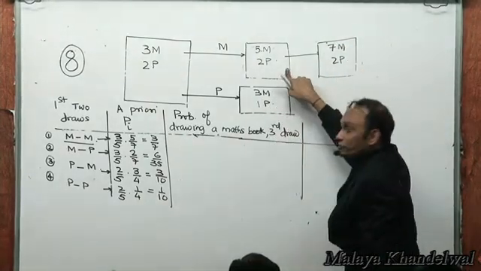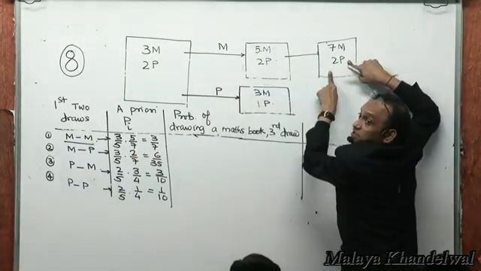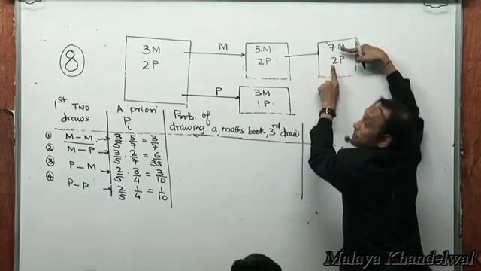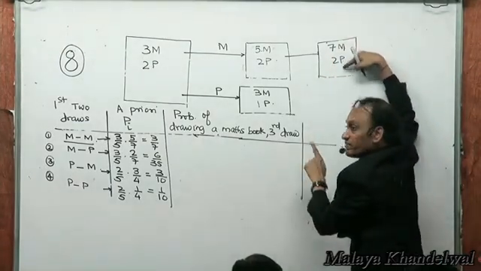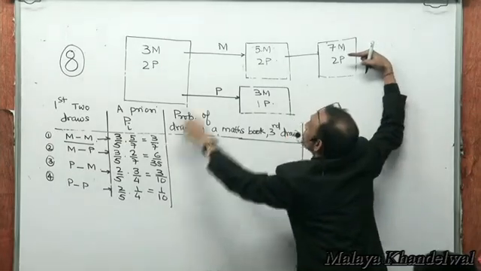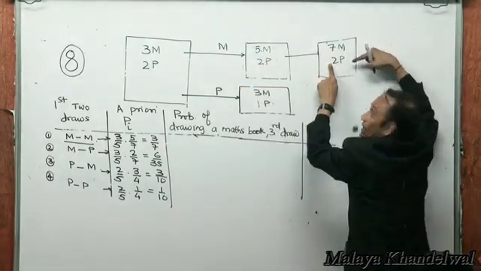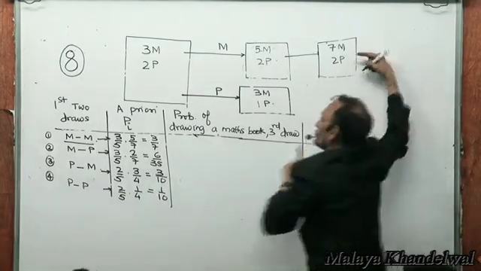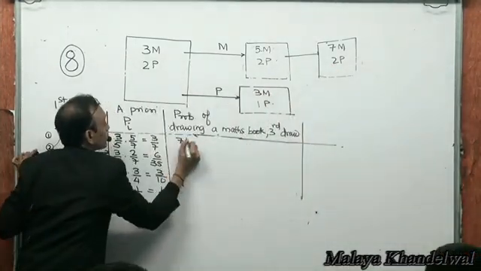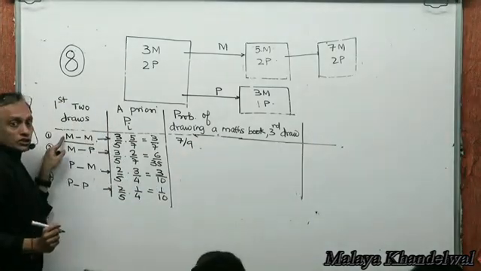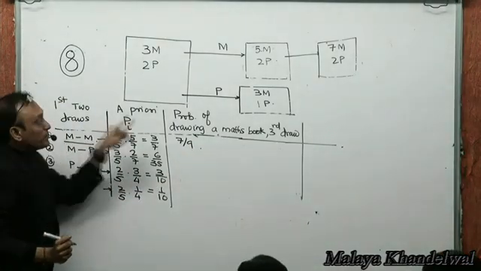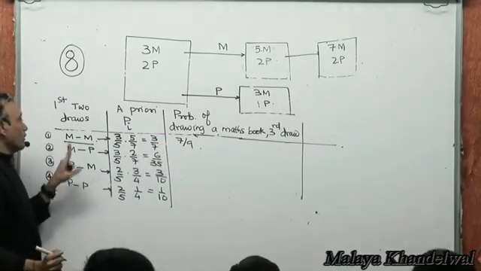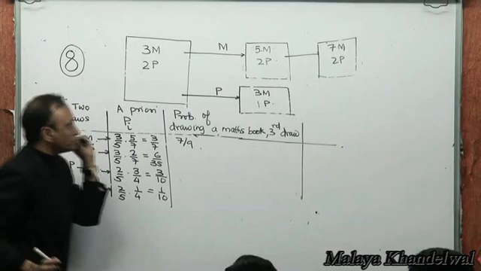So after the first 2 draws, this is the state. Now the probability of drawing a maths book is going to be 7 by 9, given this being the cause. Yes or no? So that's 7 by 9. If this was the cause, then the probability of getting a maths book in the third draw would be 7 by 9. Right?